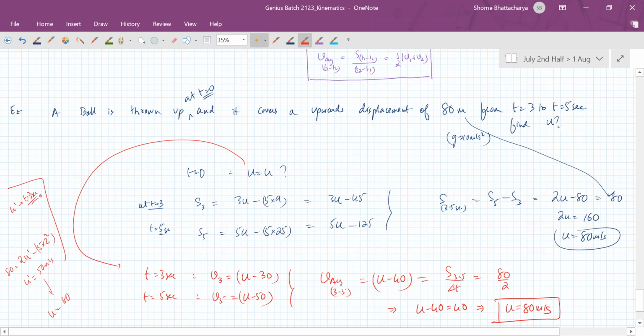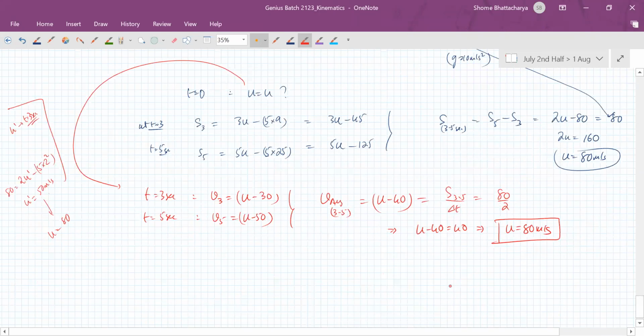Yes, sir. So you can do it like this, or you can do the question this way also. You take the velocity at 3 seconds as u dash. Then the velocity at 5 seconds is u dash minus 20. Their mean should be equal to 80 meters in 2 seconds.